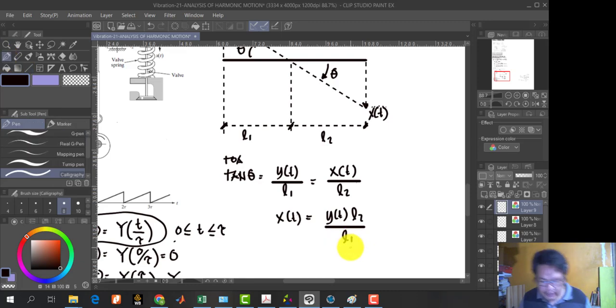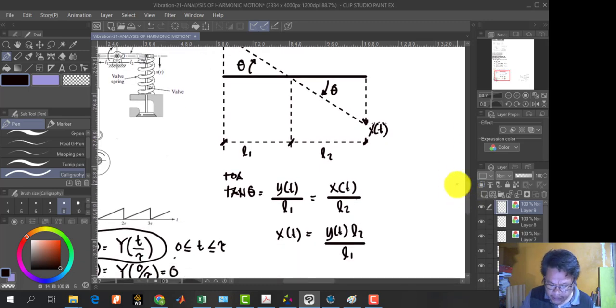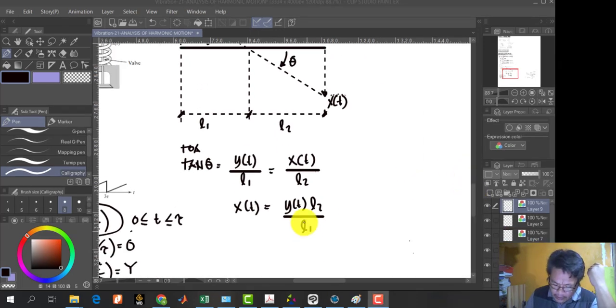So this now represents the motion of the bulb. So my x will be a function of time, which is y equal to y function of time, L sub 2 and L sub 1.